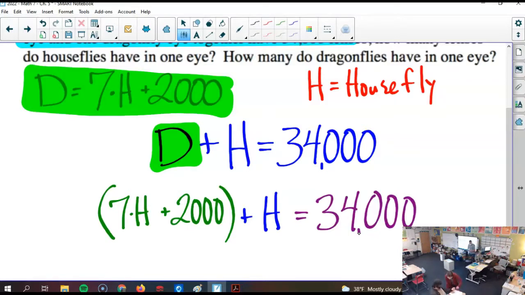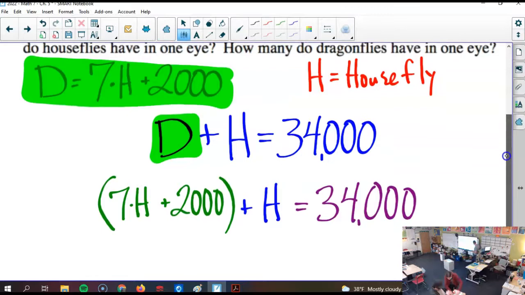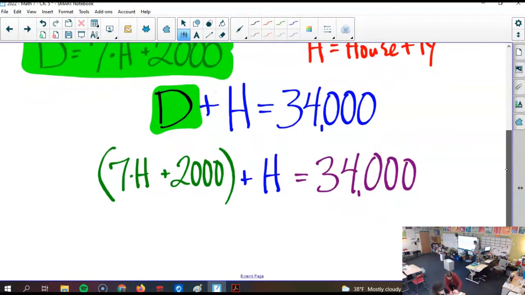What now? Aiden, what can I do now? It is step 3 on our handout or on the whiteboard over there. Combine like terms. So what can I combine there?